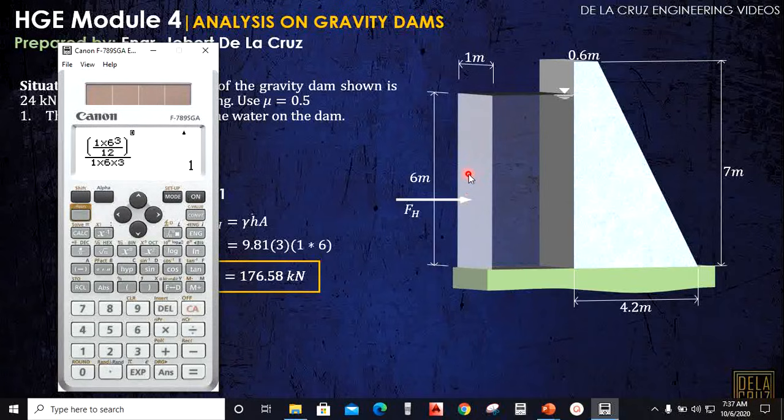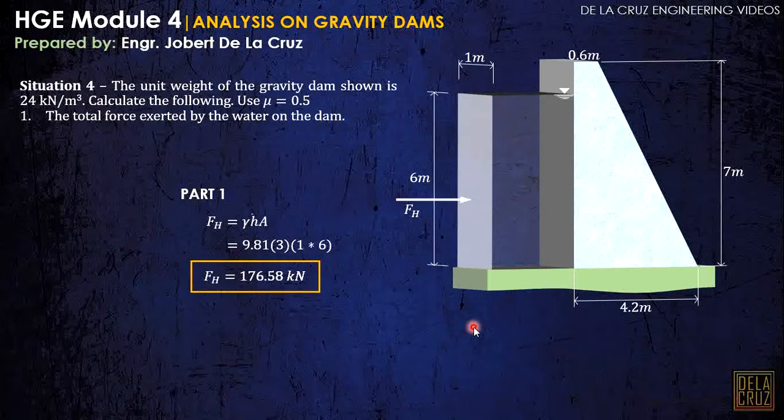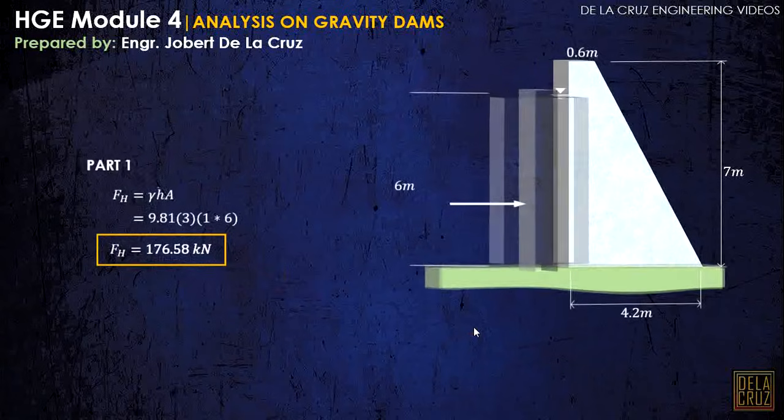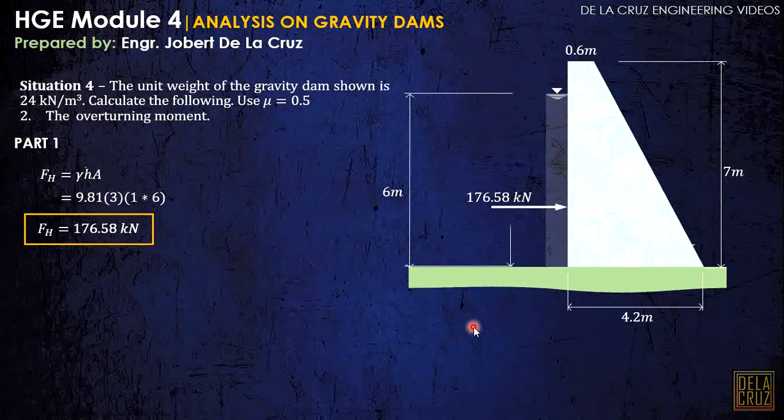Now take note that the centroid here is 3 meters from the bottom. That means the distance here should be 3 minus 1, or 2 meters. Anyway, for dam problems like this, it is automatic: 1/3 of the base, 2 meters. Okay? So, let's proceed.